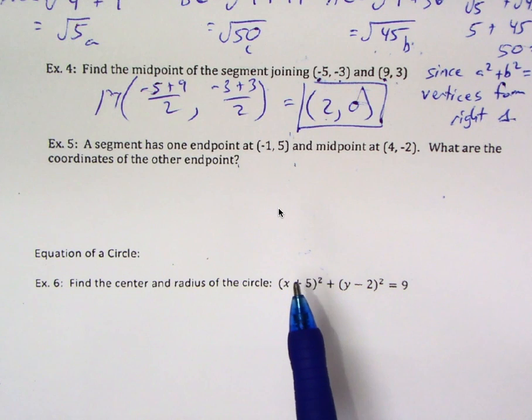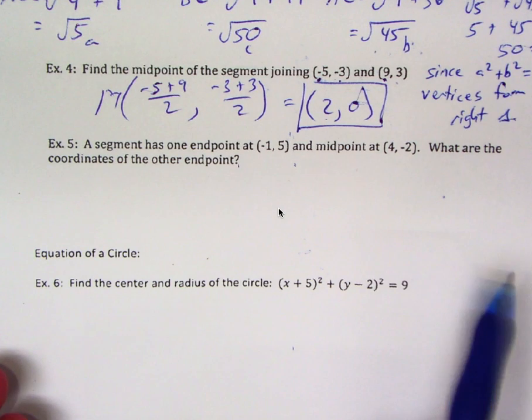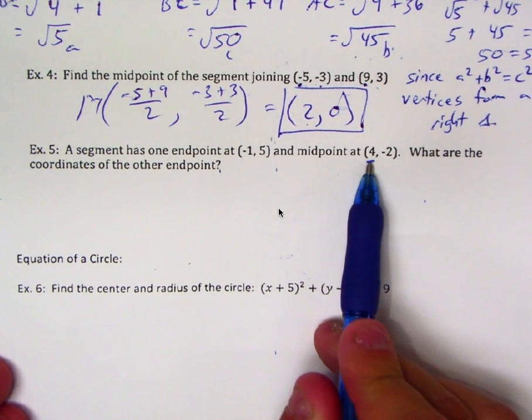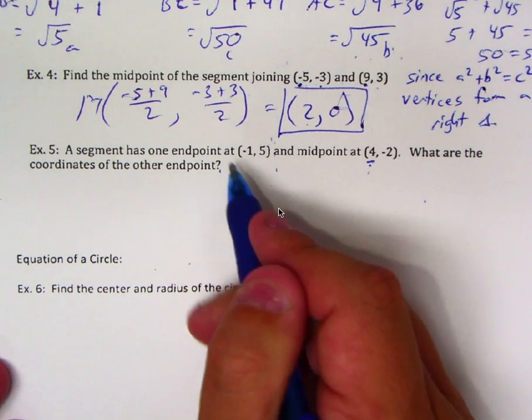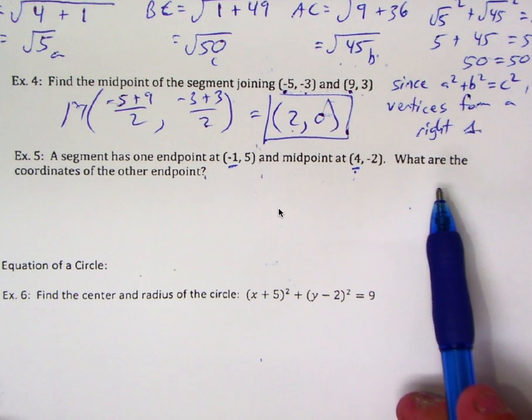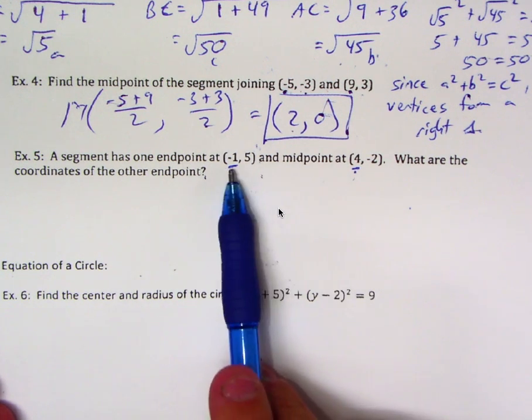Now, you can use the midpoint formula in a way to do this, but I kind of like to do this. I like to think through this a little bit. Okay? Think about what midpoint means. This x value right here, this 4, has to be somewhere exactly in the middle between -1 and some other x value, the other endpoint. So think about how far apart -1 and 4 are from one another.